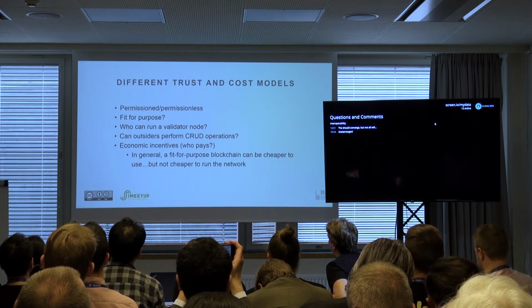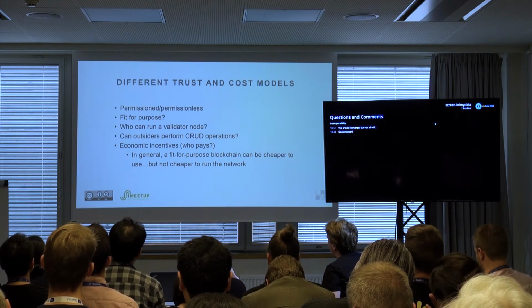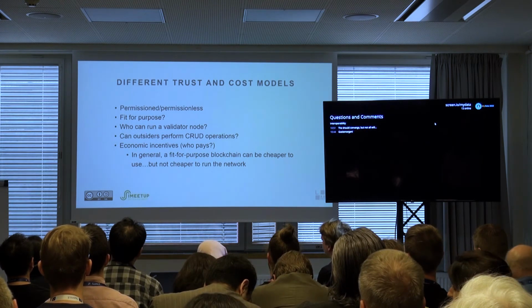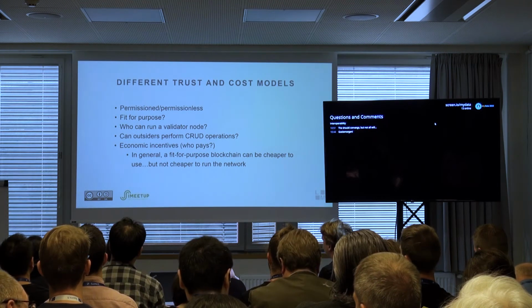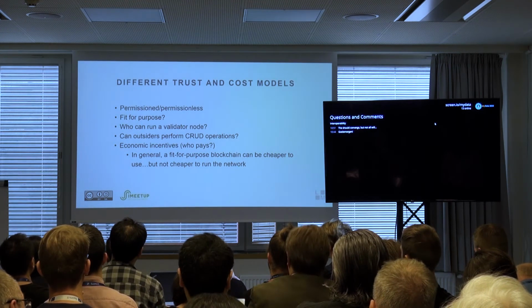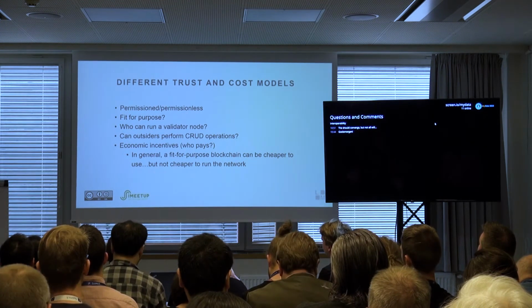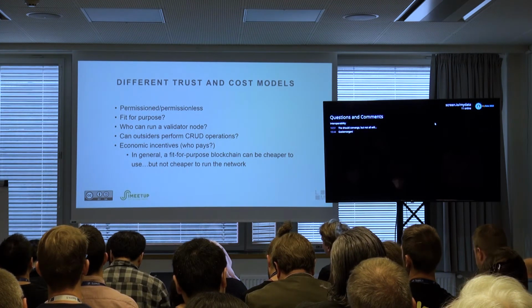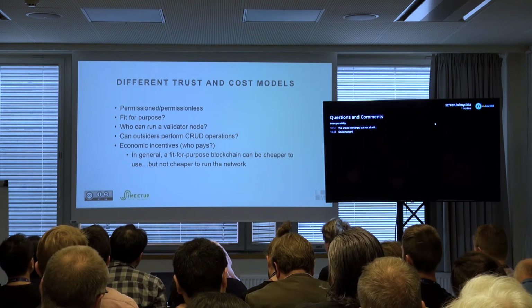Some of the big trade-offs: some are permissioned or permissionless blockchains, some are fit for purpose. You can also ask who can run a validator node, which leads to different results in your trust model, whether outsiders can perform the CRUD operations, and the economic incentives, or who pays for it.